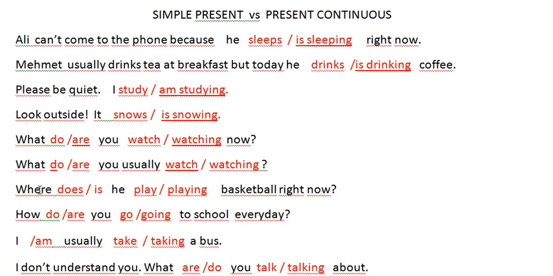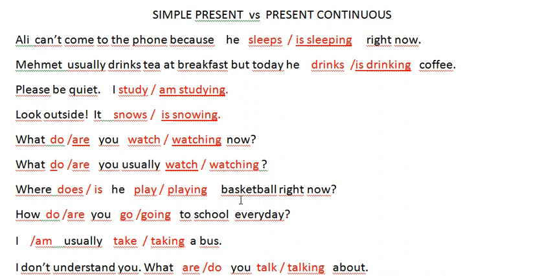And the next example is where does he play, or where is he playing basketball right now? So we can say where does he play basketball, or where is he playing basketball.